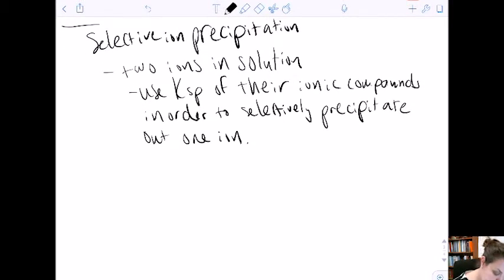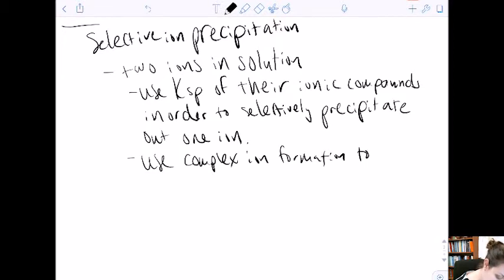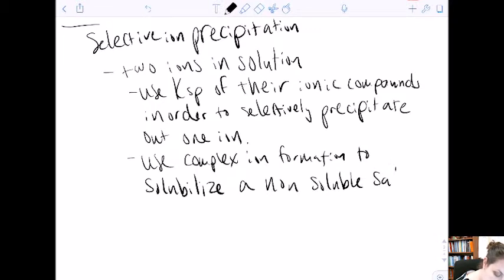We could also use complex ion formation to solubilize a non-soluble salt to separate two insoluble salts.